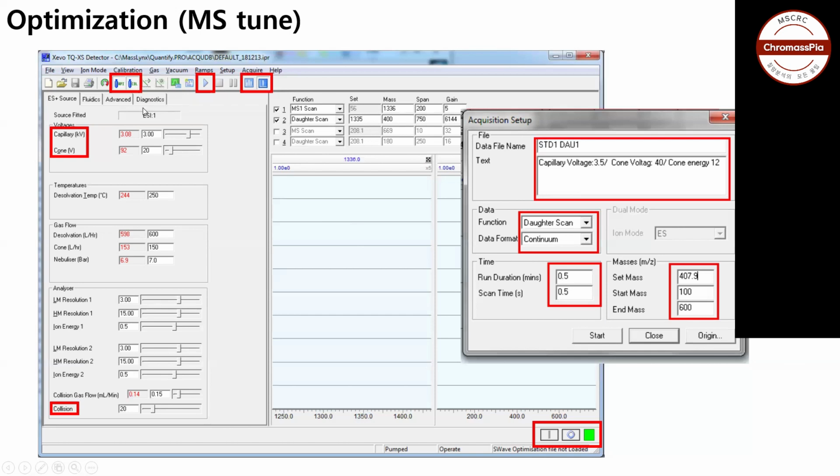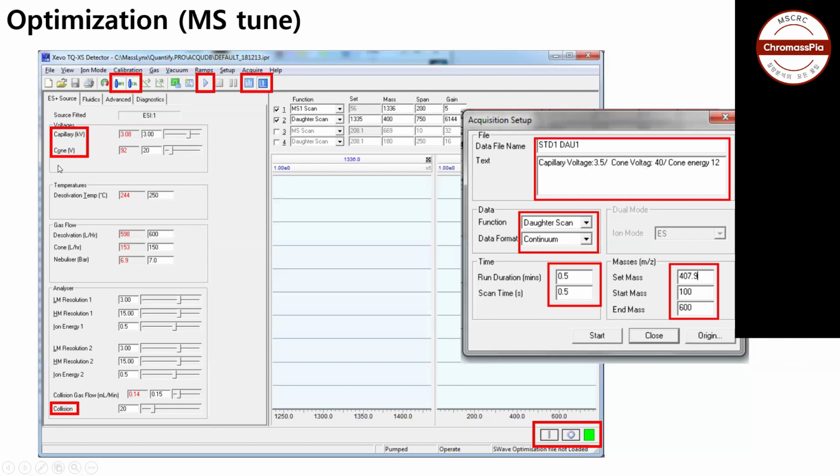Actually, I said that we have to manually change these voltages in steps of about 0.5. Each time, we can click this button to gather the data. Here you can see capillary voltage 3.5, cone voltage 40, and I think this is collision energy 12.